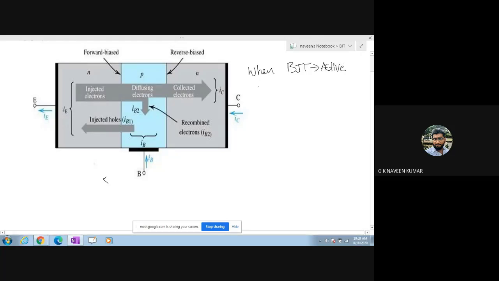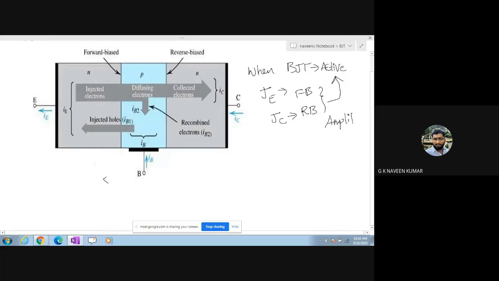So in order to make it active mode, the emitter junction JE should be forward biased and the collector junction JC should be reverse biased. Only in this condition will it act in active mode, which represents your amplifier application.